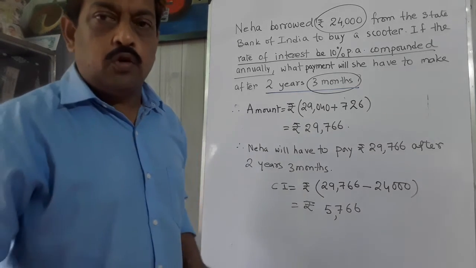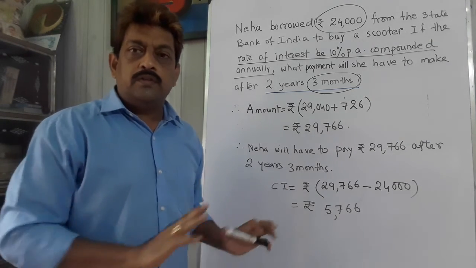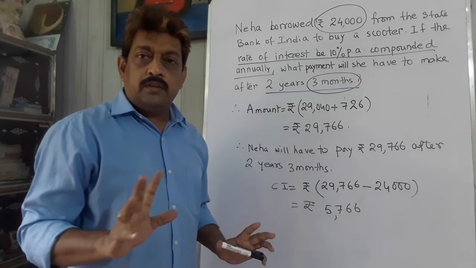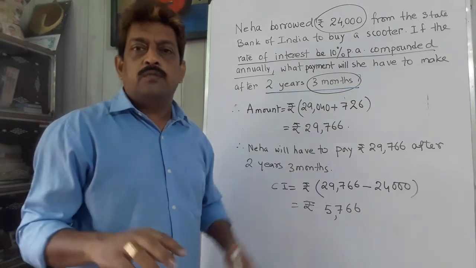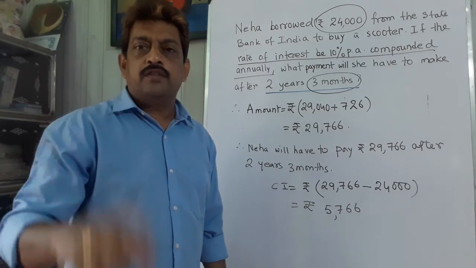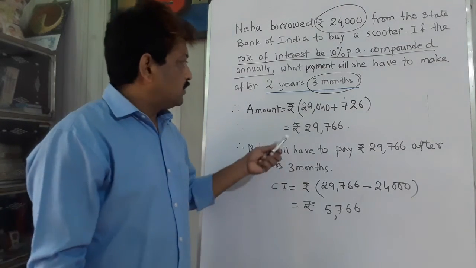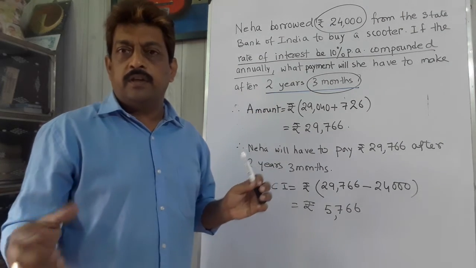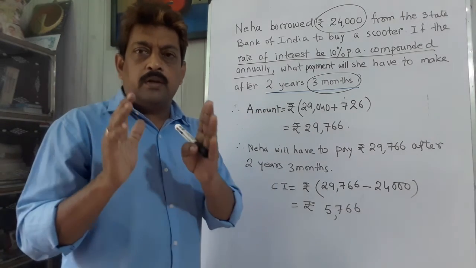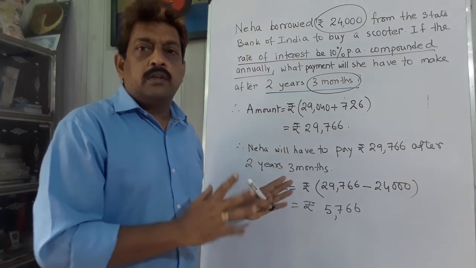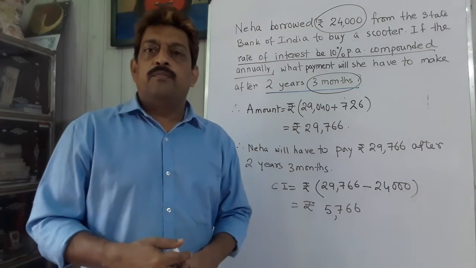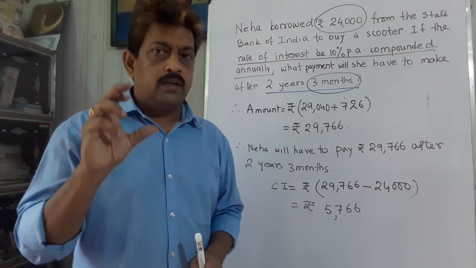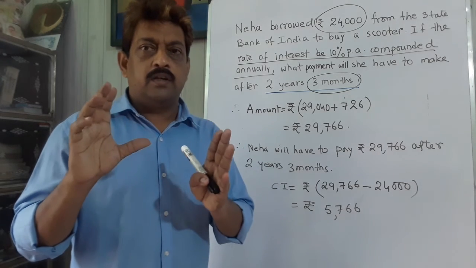Okay. So hope you have understood how the things are going on, isn't it? It is very simple. The whole sum will be done in 2 steps. In the first step, we will take the time as the whole number. Whatever time is given, we will take out the whole number part and calculate the amount, and next this amount will become the principal for the second part of the question.